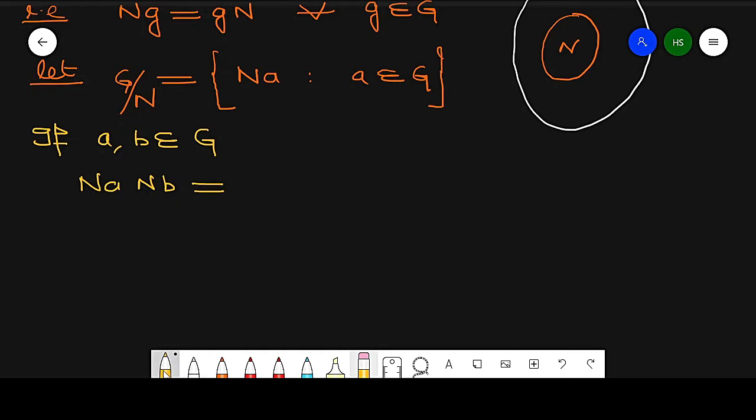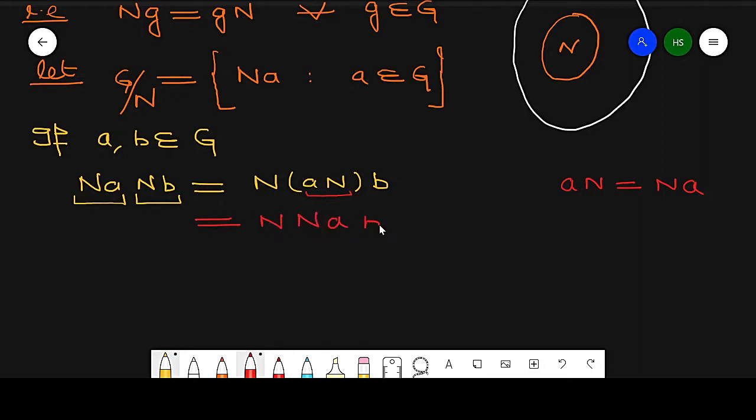So I take the two right cosets, one is Na and the second is Nb. This can be written as N a N b. Now since N is a normal subgroup, aN is equal to Na. So use this condition at this place. So what we get? We get N N a b.